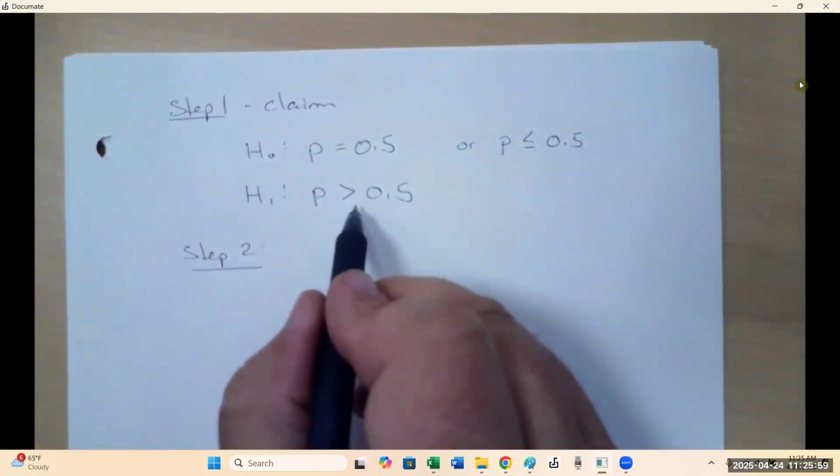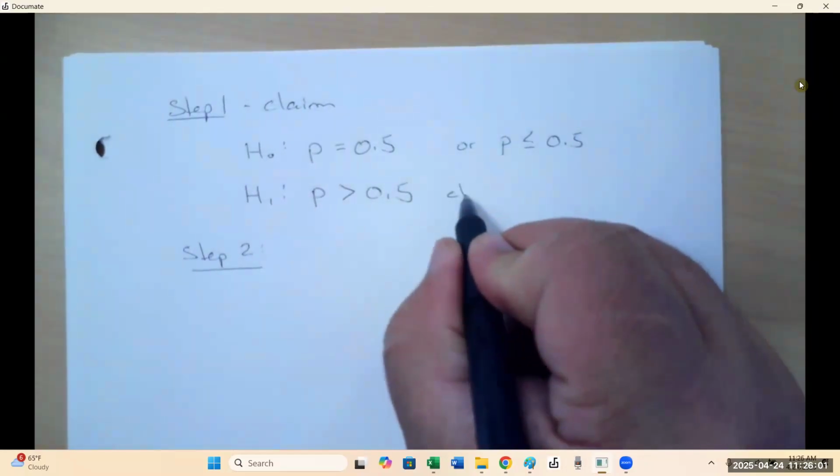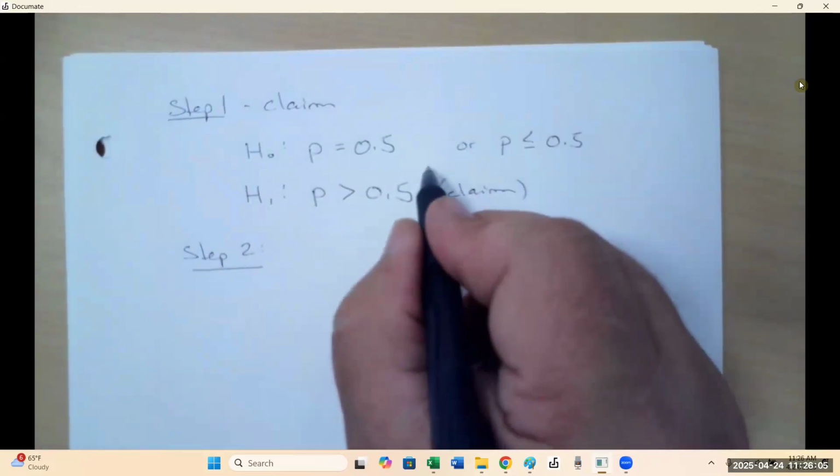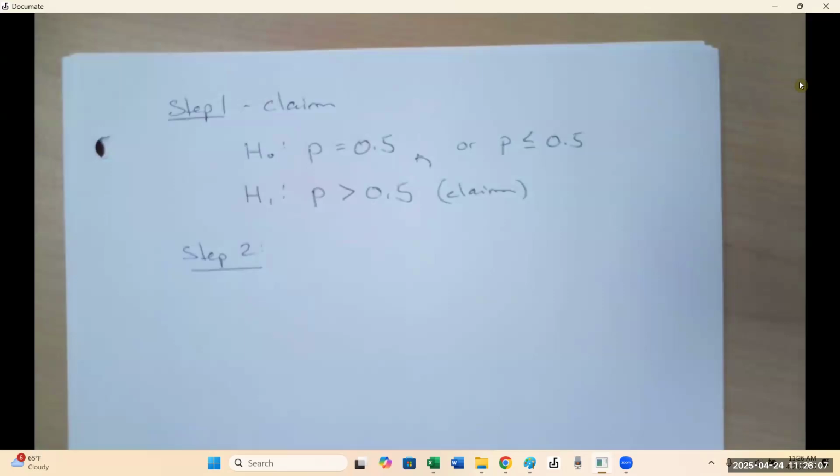So once we know this is the claim, then we find the other one. Will it always be H1 that's being claimed? Give me an example where H1 would be claimed or H0 would be claimed.